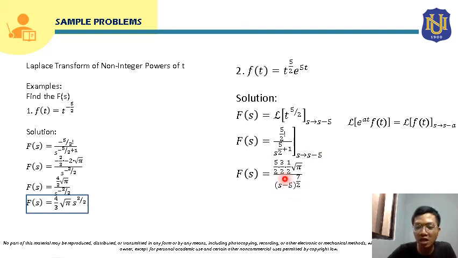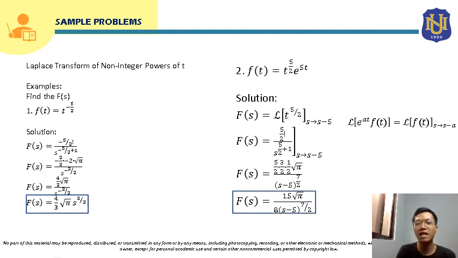That's why it became s minus 5 raised to 7 halves here. Simplifying this further, this will actually become 15 over 8 square root of pi. So we can just bring down our 8 here. So this will become 15 square root of pi over 8 times s minus 5 raised to 7 halves. So this will now be the answer for this.